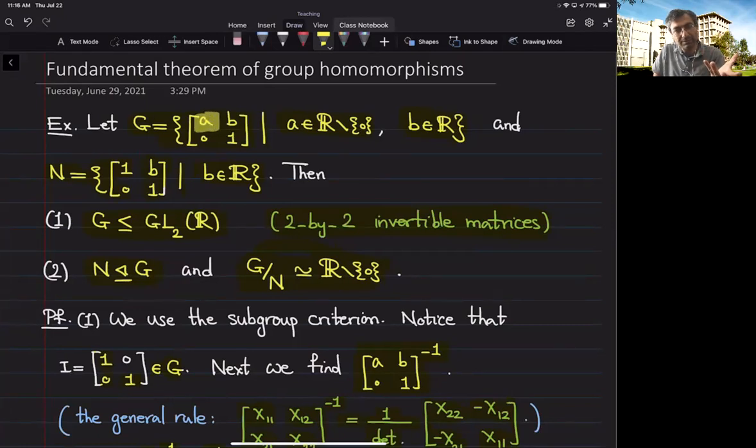Maybe I have to only consider A. Maybe I should send this matrix to the real number A, and notice that this real number A is non-zero. So I'm going to send this matrix to A and get a function from G to non-zero real numbers. Is that a homomorphism from G to non-zero real numbers?